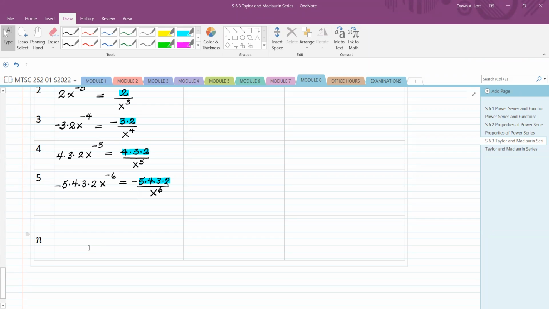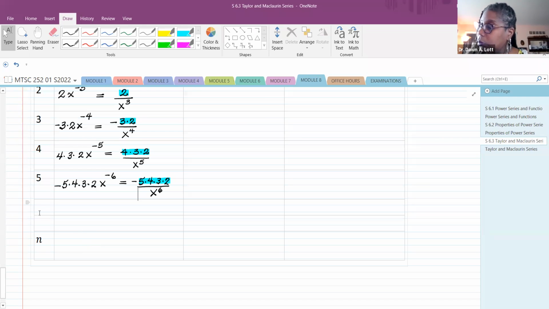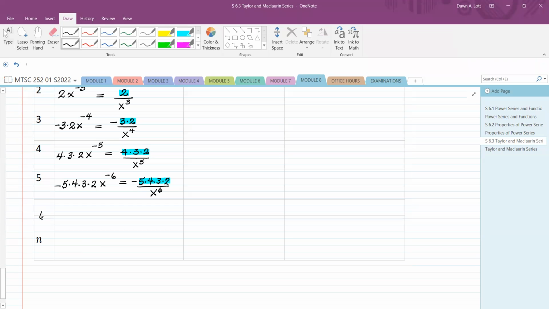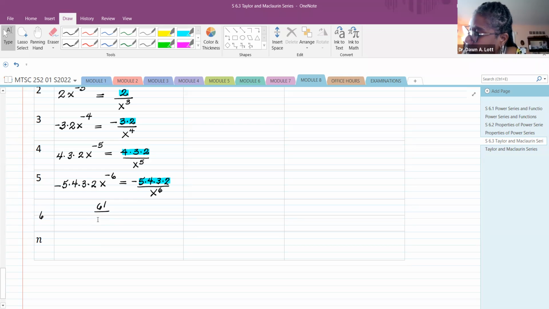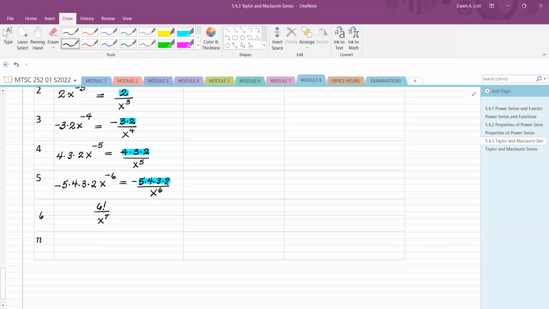Would it be 6 times 5 times 4 times 3 times 2 over x to the power of 7? Good. That's going to be the next one. So I'm going to get 6 factorial over x to the 7. And is it positive or negative? It would be positive.